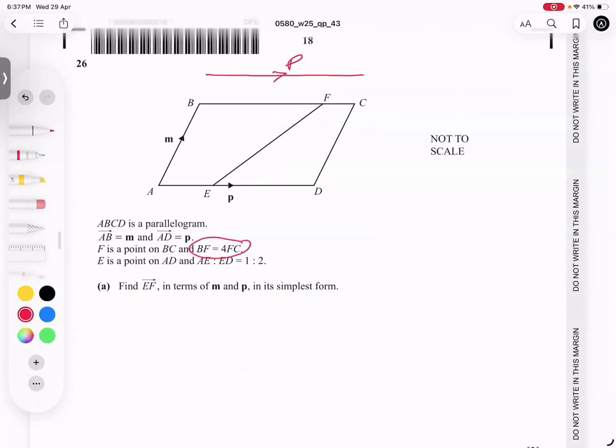And we have been given this link, okay? So BF is this vector, this position, and F is 4, and this is given. All right. And E is a point on AD, this E point, such that this ratio is also given. So, now first of all, he's asking for EF.